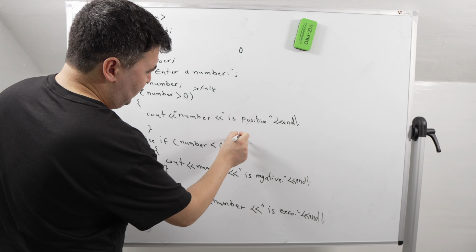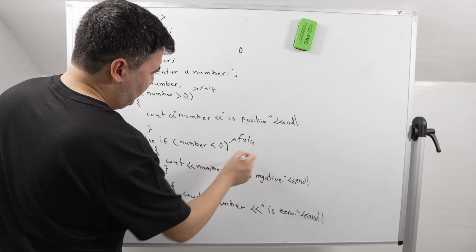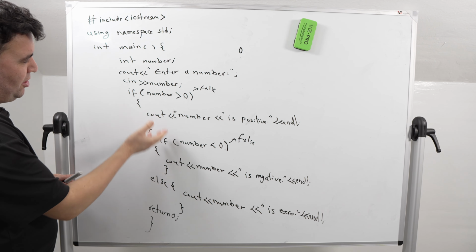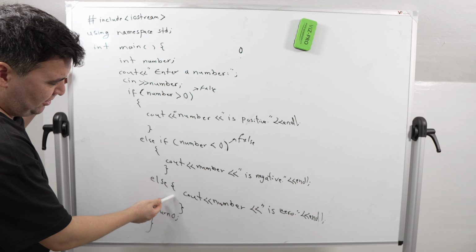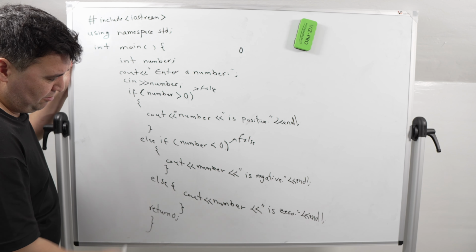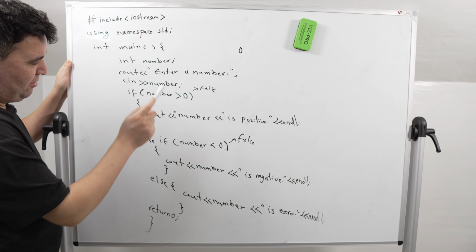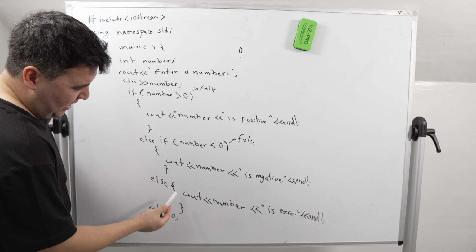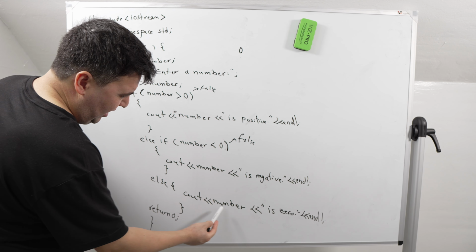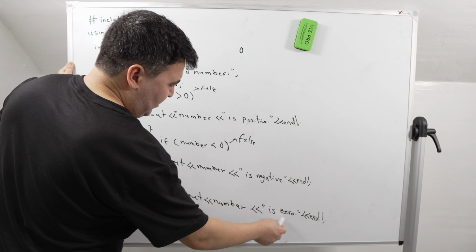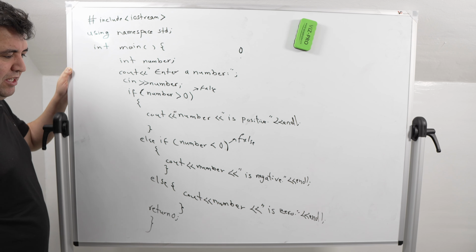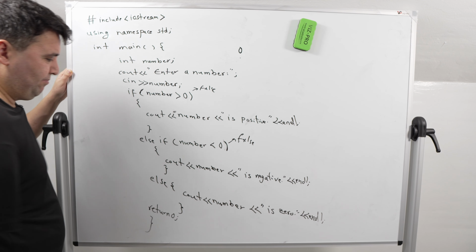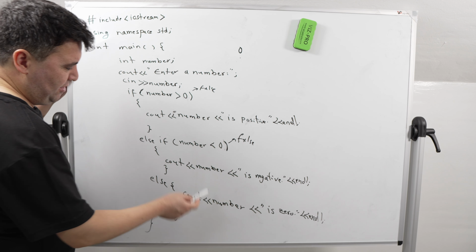So both conditions become false and the else section will be executed. So here, see how it says 0 is 0, or you entered number 0.